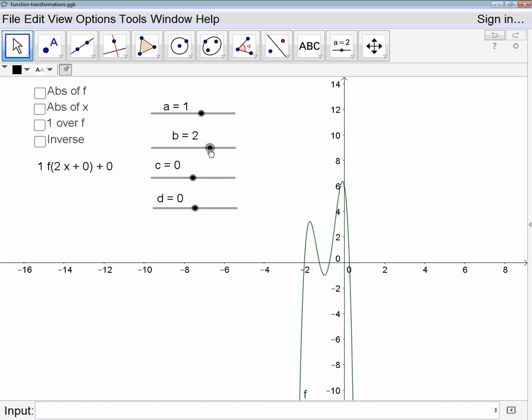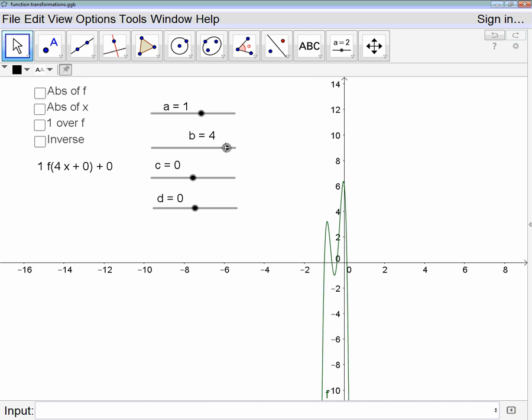Now, take a look at what happens here. What happened? It's a horizontal compression, and what happened to the roots? The roots did change.